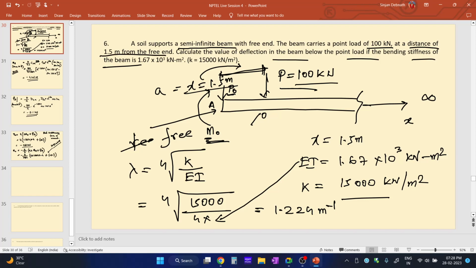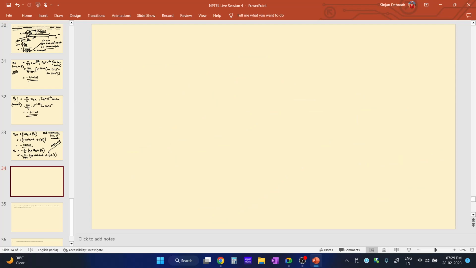So we need to find out the deflection at this point, at 1.5 meter from the free end. Okay. So now see W, the deflection at X is equal to A. That means at point A, which is 1.5 meter from the free end. So what will be the deflection?